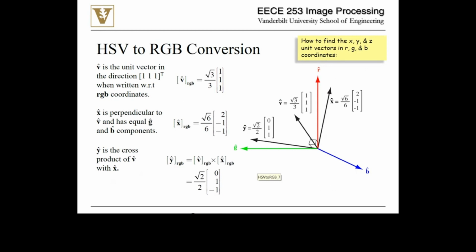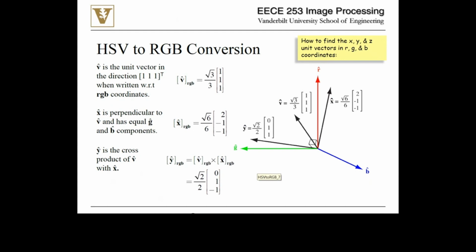This is the only vector that is perpendicular to V, has equal G and B components, and has unit length. Okay, so it was hard, but not so difficult to get V and X. What about Y? Y is very easy, because Y has to be the cross product between V and X. So simply you multiply and you get this one.